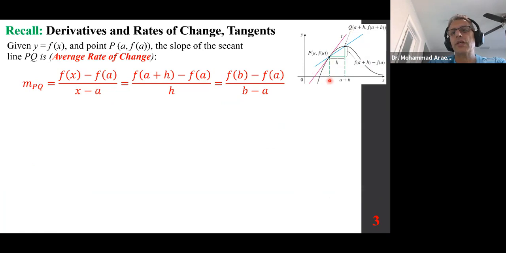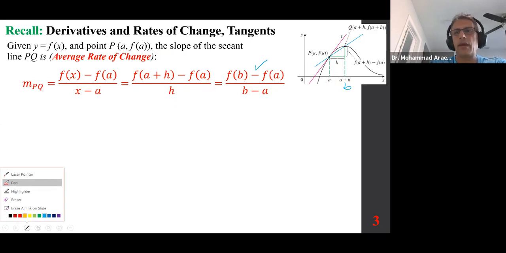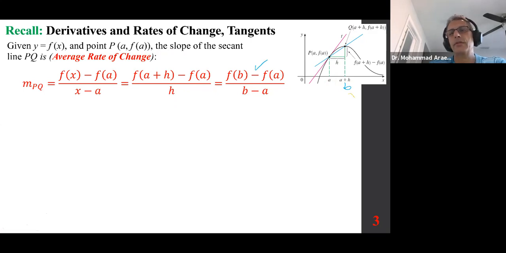If the first point is A and we go h units to the right, it becomes A plus h, we use this formula. If we call this one B, we use this formula. If we call it X, we use this formula. All of them really give you the same concept, which is the basic slope of a line.